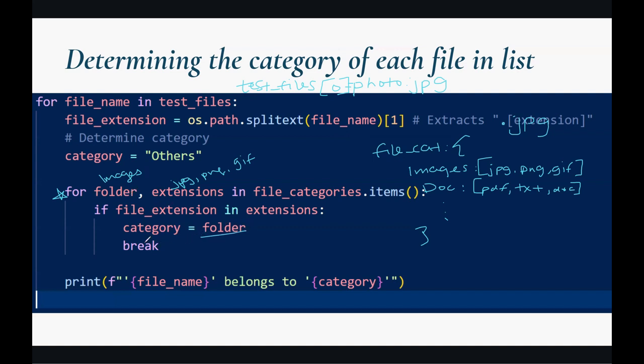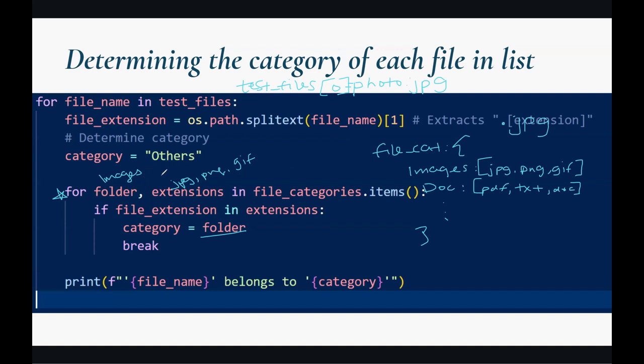And if that is the case, then we're going to break out of this loop and say that we've found the category name of the file. If we haven't found a folder with a matching extension, then the category will continue to be others for the file name.